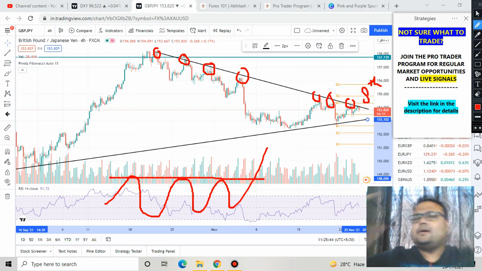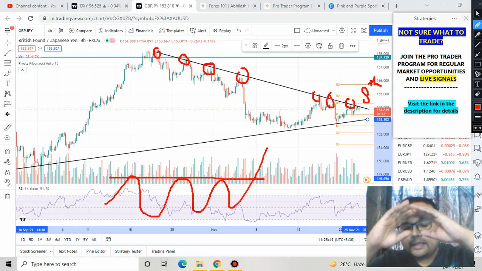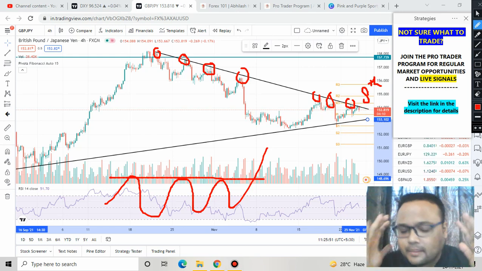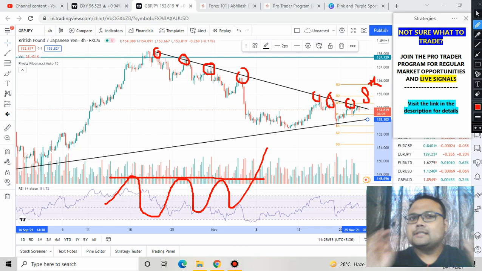So whenever we get a scenario like this, the particular level or the trend line, whatever it is, becomes very confusing whether to trust it or not. Honestly speaking, you should be avoiding a sell position right now.